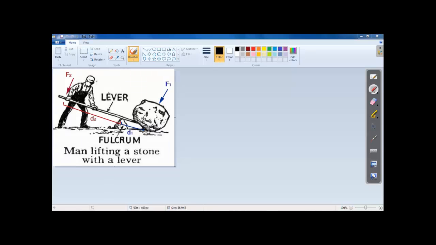If we multiply the distance between the man and the fulcrum, which we call D2 in the picture, and the force that the man is pushing, which we call F2, this will be equal to the distance between the rock and the fulcrum times the force that is applied by the large stone.